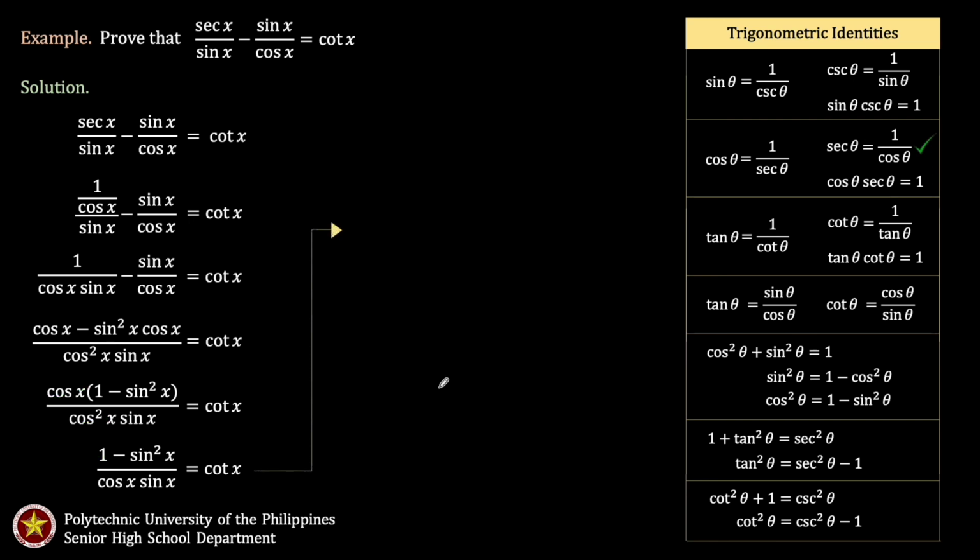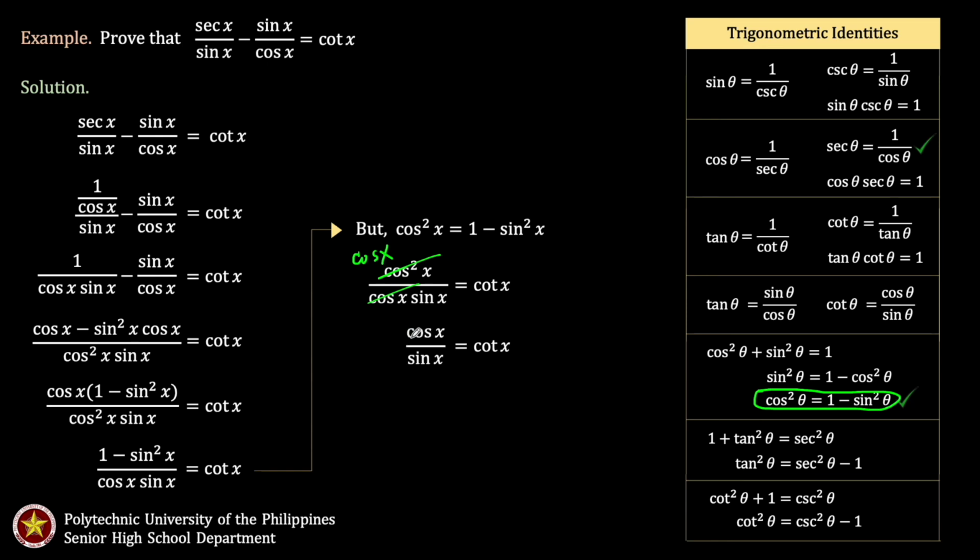Now for continuation, 1 minus sine squared x is equal to cosine squared x. So that is just cosine squared x. Then the denominator as is, cosine squared x all over cosine x. So cancel, we have a remaining single cosine x on the numerator.